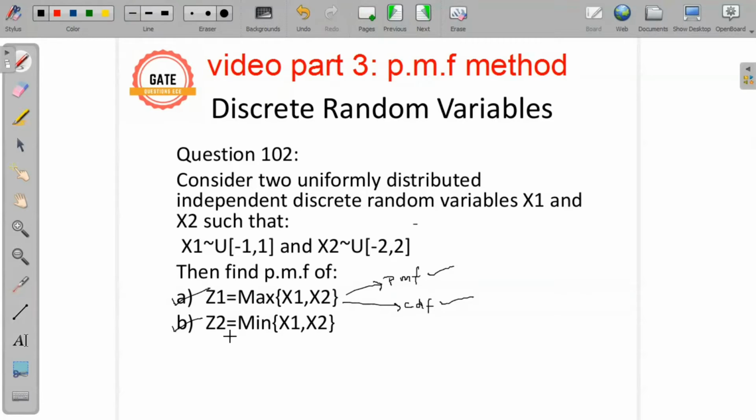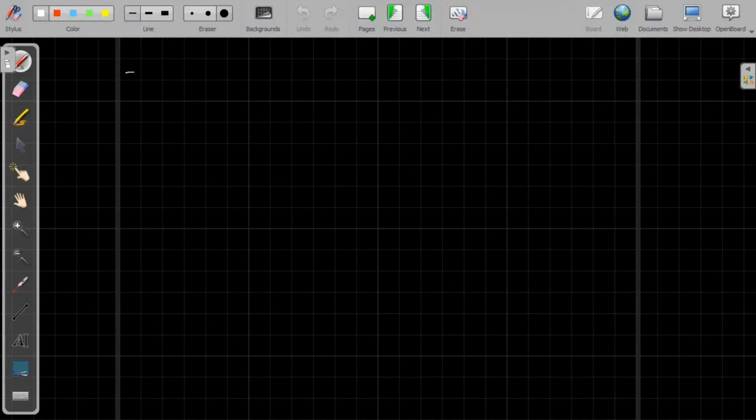So let's see what this function is. The given function is z2 is equal to minimum among x1, x2.